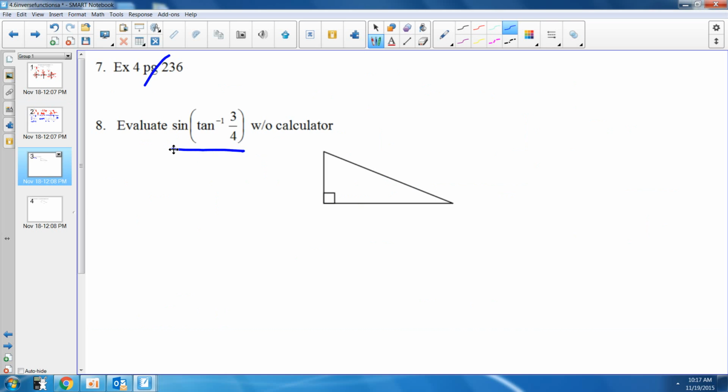But on number 8 here, the sine of tangent inverse 3 over 4 is equal to what without a calculator? The whole trick on these types of problems is draw a triangle.